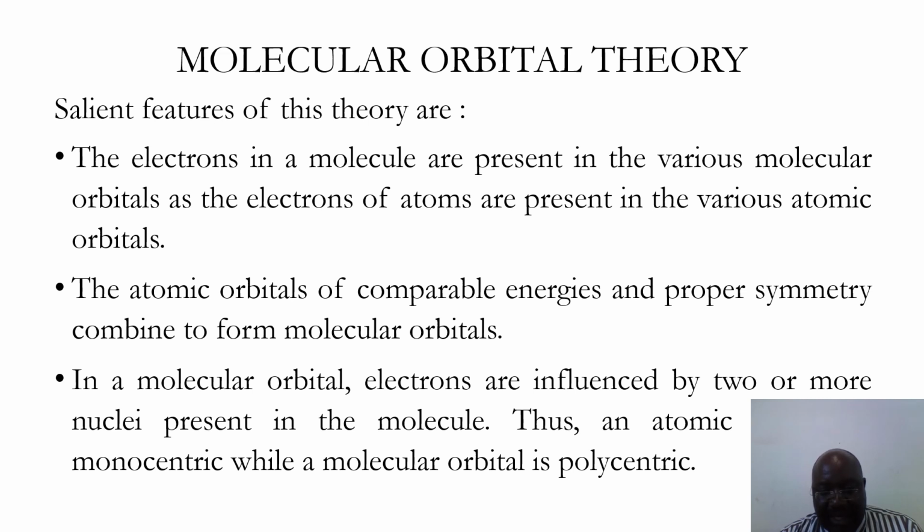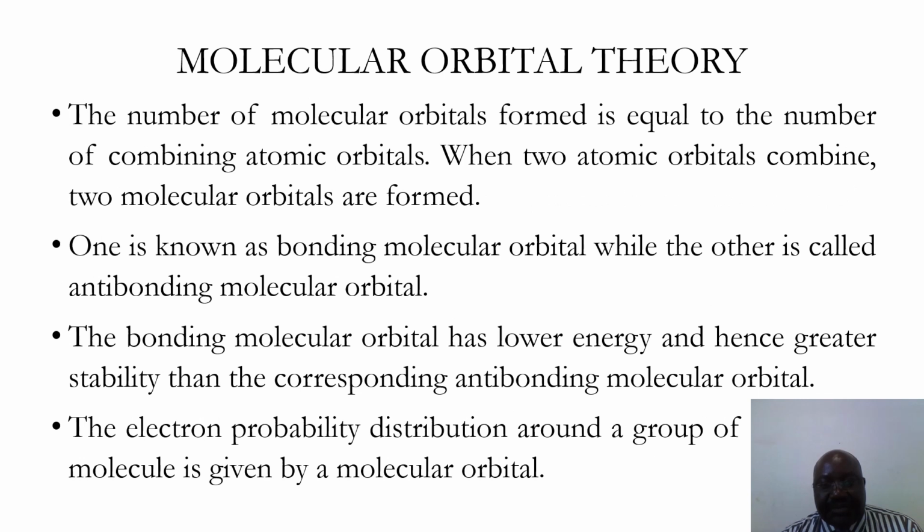Thus, an atomic orbital is monocentric while a molecular orbital is polycentric. Under the molecular orbital theory, the number of molecular orbitals formed is equal to the number of combining atomic orbitals. When two atomic orbitals combine, two molecular orbitals are formed.